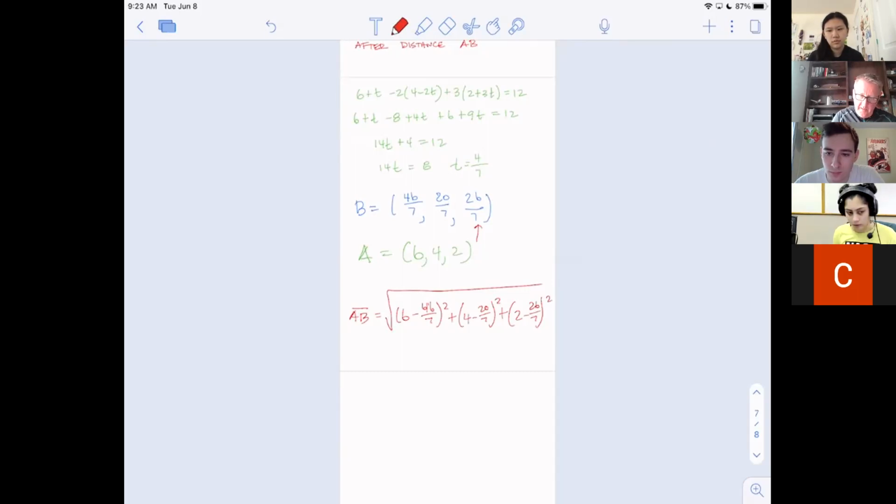I'm actually typing just the parenthesis part without the square root. 4 minus 20 over 7 plus 2 minus 26 over 7. Square that and get some horrific decimal. Maybe I'll get lucky and it'll convert to a fraction pretty nice. That actually did. And so this is the square root of 32 over 7, which is approximately 2.14.